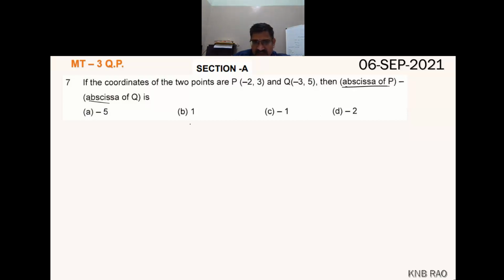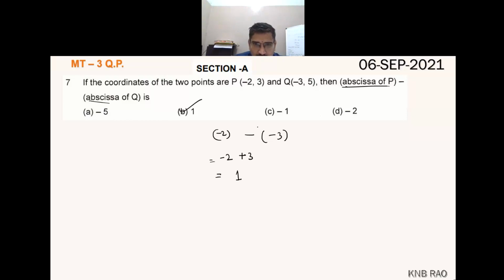So abscissa of P is minus 2, minus abscissa of Q is minus 3. So minus 2 minus of minus 3, removing the bracket, this becomes plus. So minus 2 plus 3 is plus 1, and the right option is B.